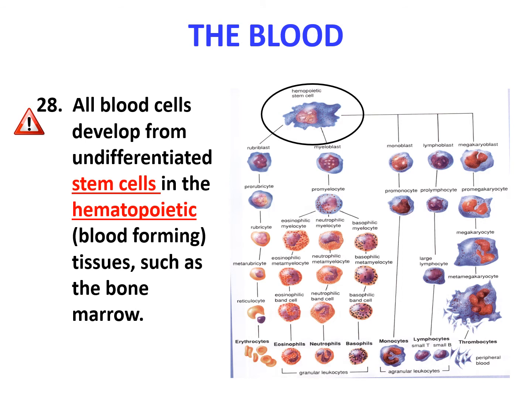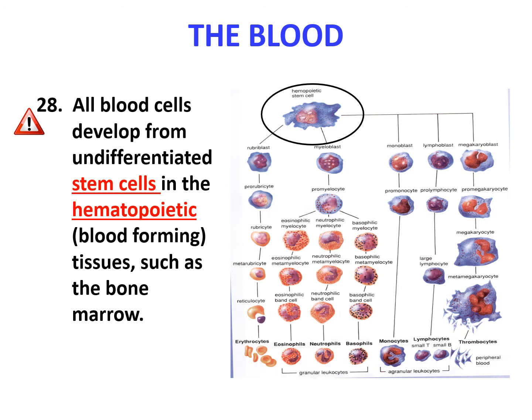If you see the far right line, that first cell that comes off the stem cell there, that's a megakaryoblast. Okay, it now knows it wants to be a platelet. Now, it's not a mature platelet yet. It's not dumped into the bloodstream yet, but it now at least knows it wants to be a platelet.